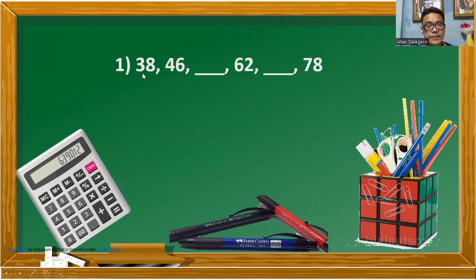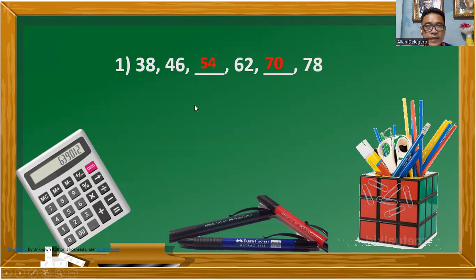The numbers are arranged in increasing order. So the missing terms are 54 and 70.